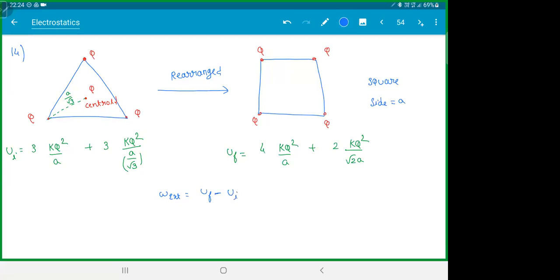So you have to see all possible combinations that you can get. 6 pairs you will get. So for a triangle, 3 sides and 3 centroids. For a square, 4 sides and 2 diagonals. Get it?